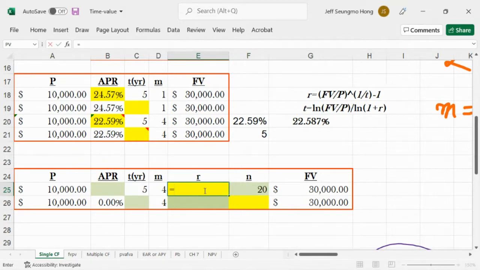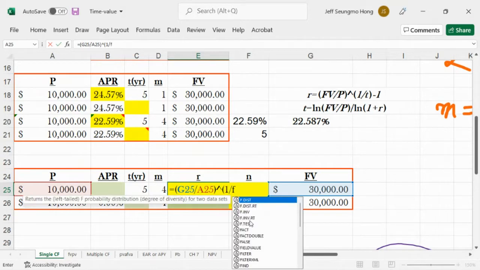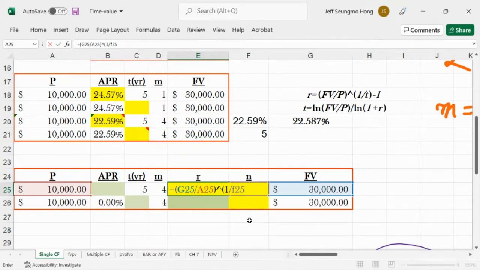And then we simply find, this is the periodic rate, so that's the quarterly rate, FV over P to the 1 over n, which is in F5, which I could just click in, but the proximity to that cell doesn't allow us.